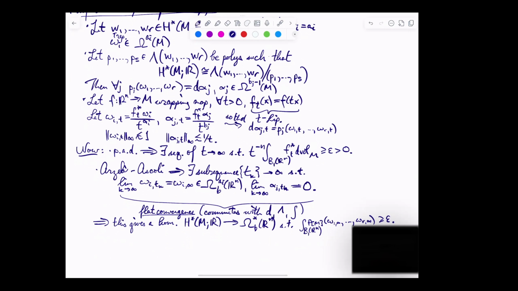And so in particular, this fundamental class is non-zero on a set of positive measure.